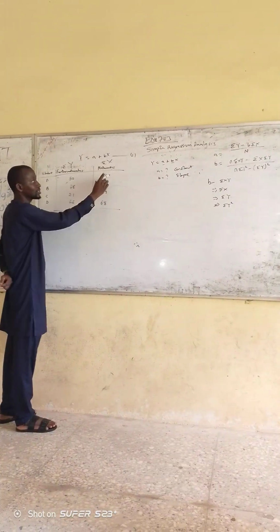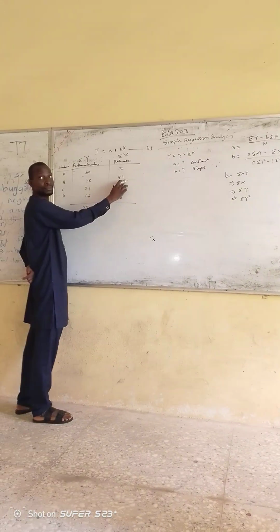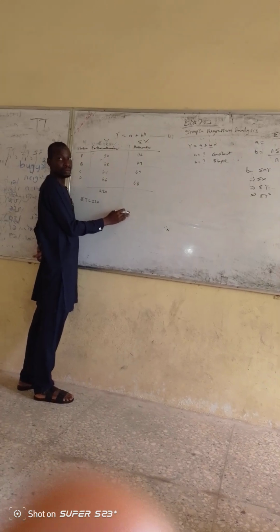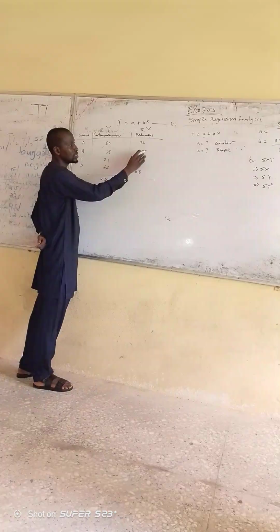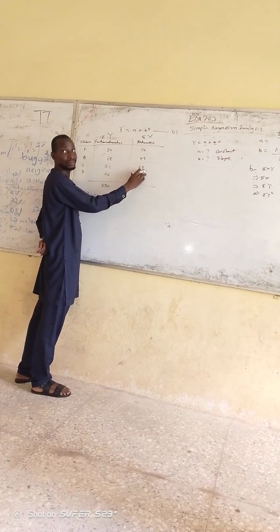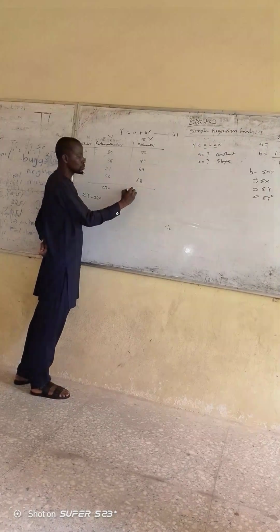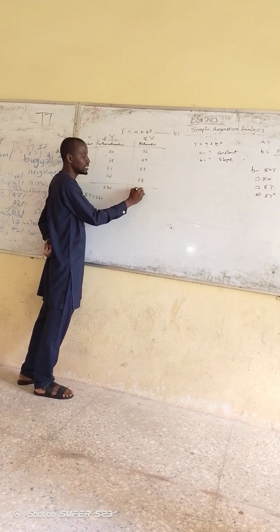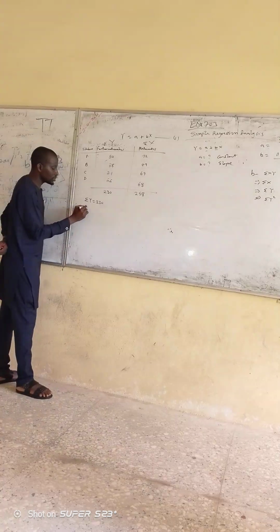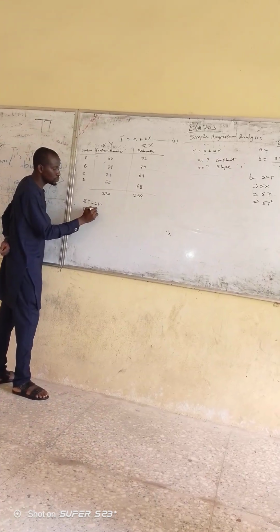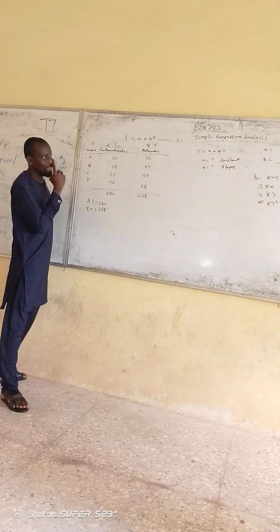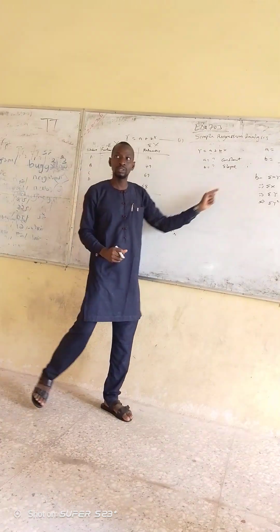Our summation x: 72 plus 49, 121. 121 plus 69, 190. 190 plus 68, 258. So our summation x is 258.